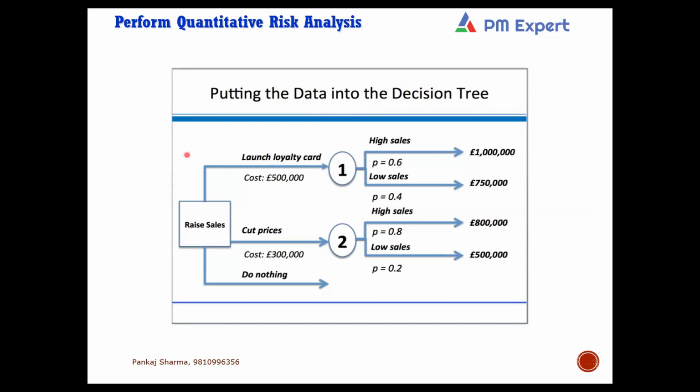Within your program or portfolio, you can initiate any of these projects: launching a loyalty card, which will cost you 500, and they have given the sales figure, or you can give discounts to existing and prospective customers, which is a cost of this, and these are the sales figures, or you can do nothing.